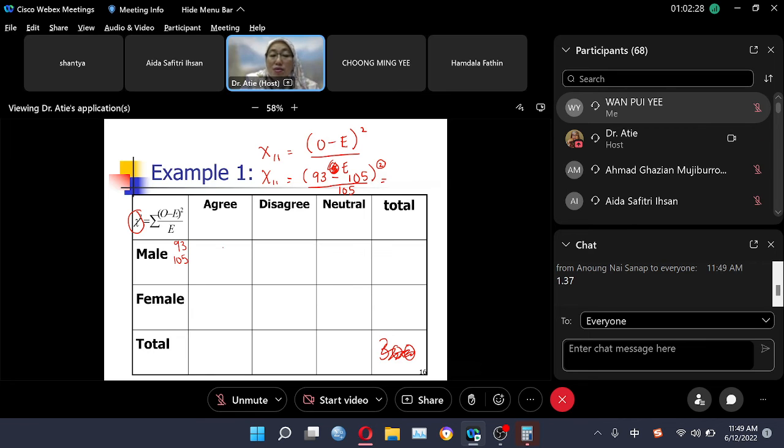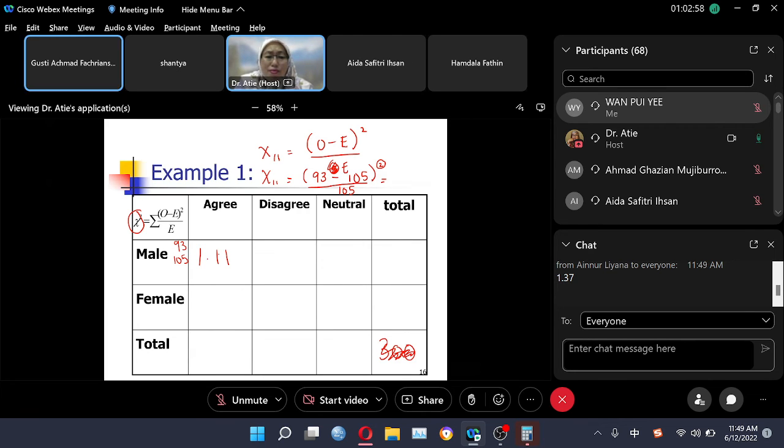I want you to use the table that you just drew at the bottom, not the original table. 1.37. All right.